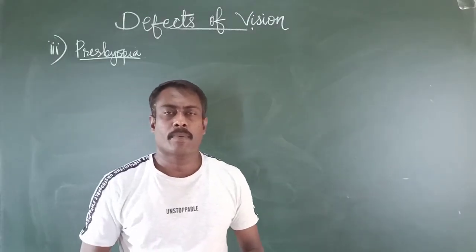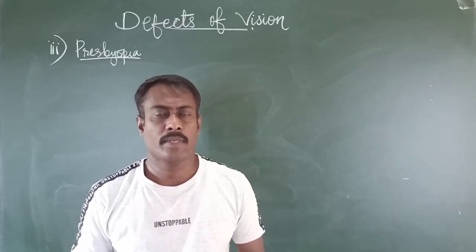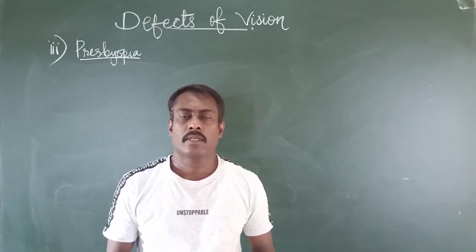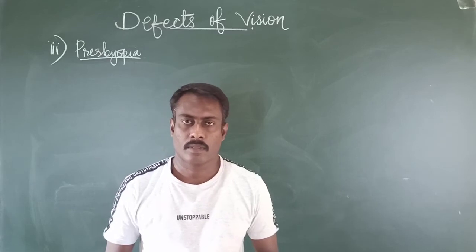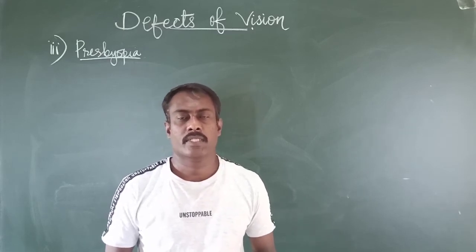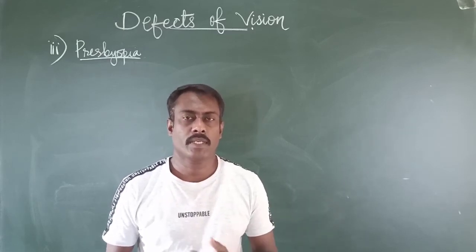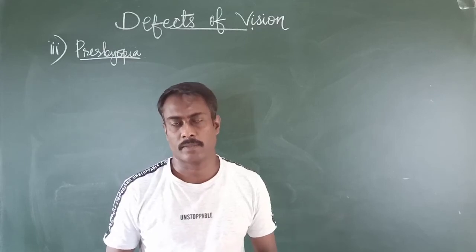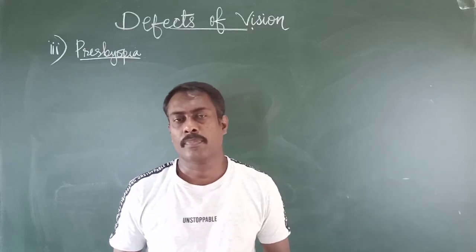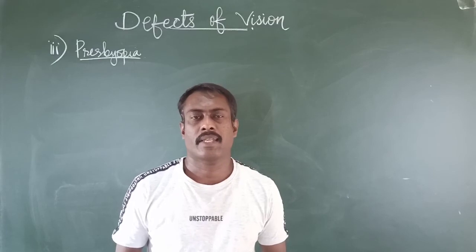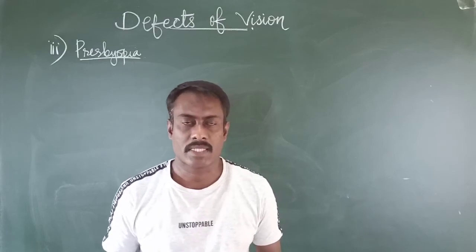We have seen that the power of accommodation of a human eye decreases with age. And what is the power of accommodation? The ability of the human eye to adjust its focal length. For most people, the near point gradually recedes away.